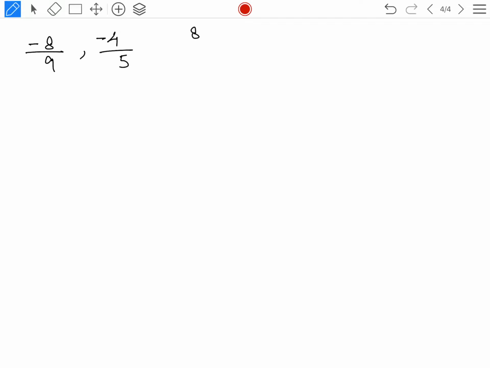Imagine minus 8 by 9 is A by C. Suppose A by C is given as minus 8 by 9, and minus 4 by 5 is B by D. Now what do we need to find? What were the conditions given?